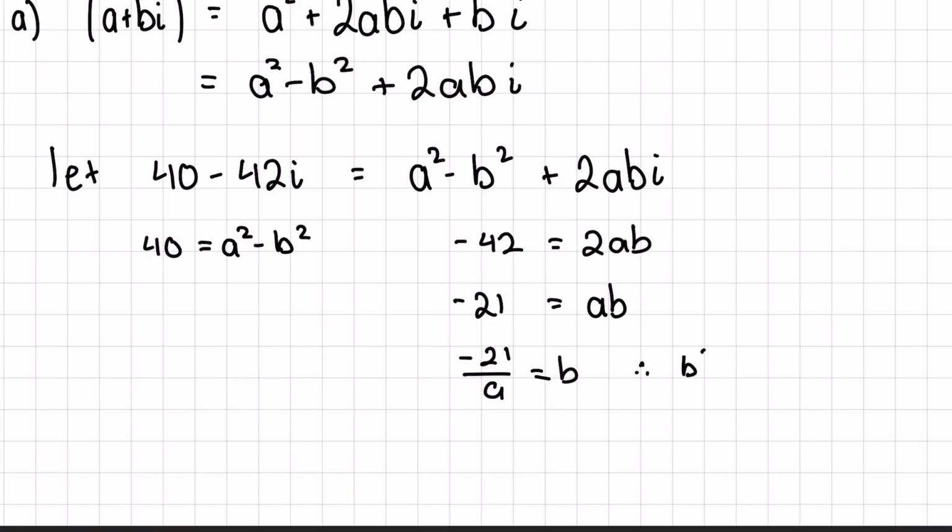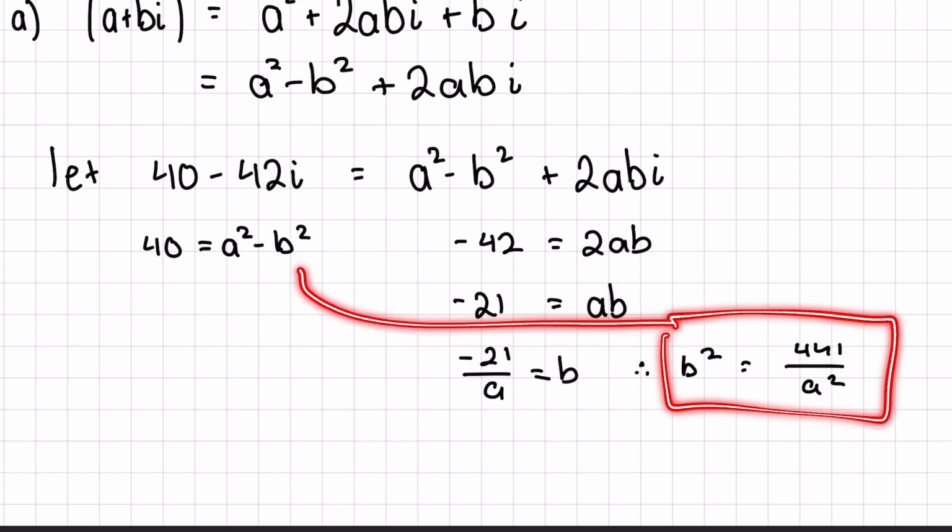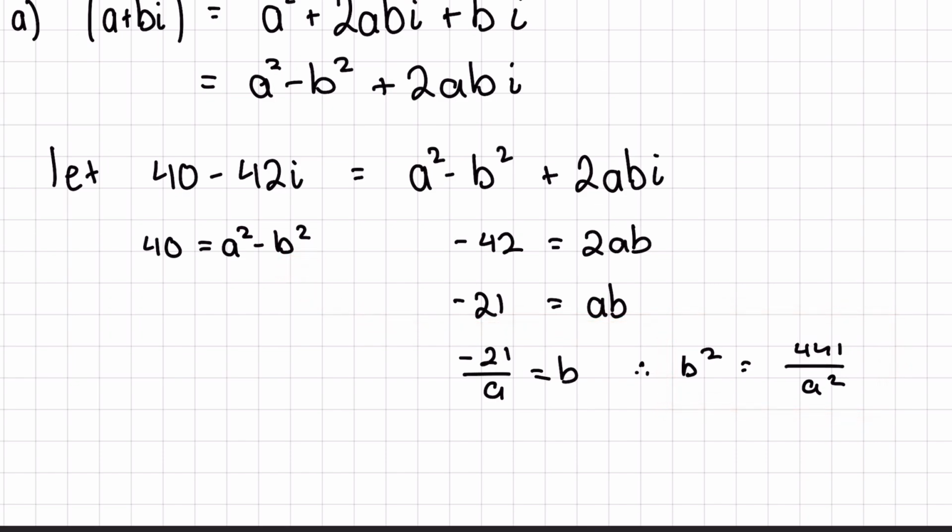Therefore, b squared, well, we look at negative 21 times negative 21, we are going to get 441. So b squared equals 441 over a squared. So I'm going to use this, and I'm going to plug it in here. So 40 equals a squared, take away b squared, 441 all over a squared.